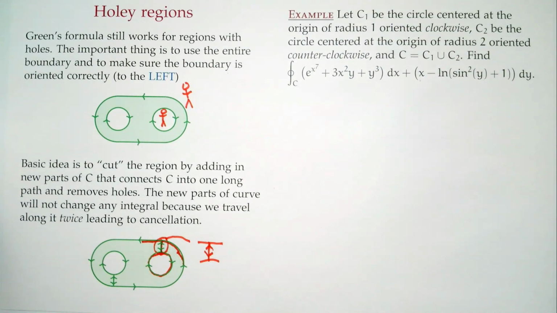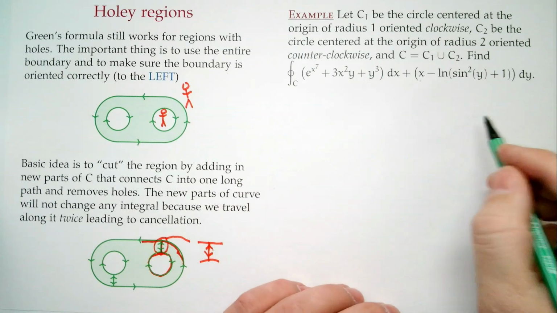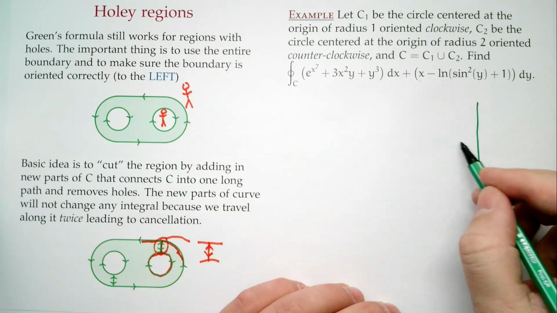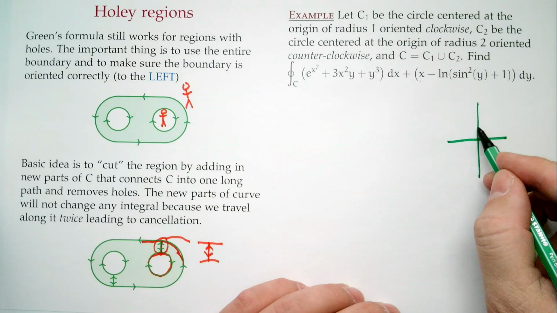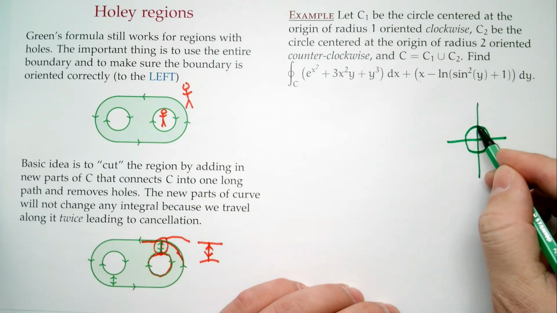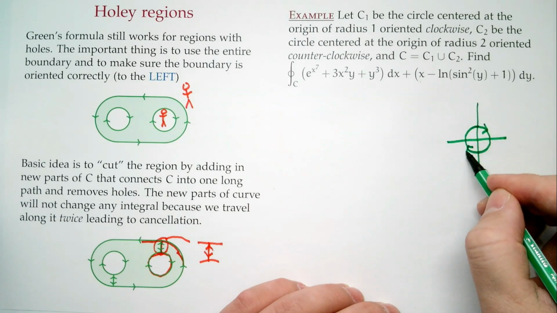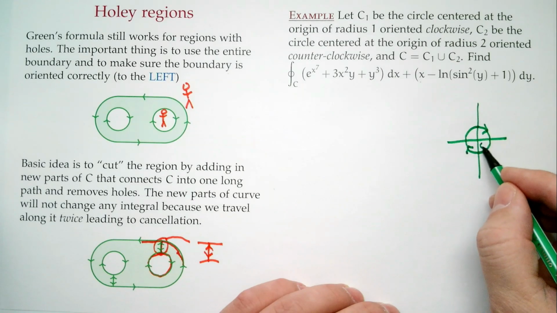So let's do an example. Let C1 be the circle centered at the origin of radius 1, oriented clockwise. So radius 1, we're oriented clockwise, so we're oriented that way. So here is our curve C1.